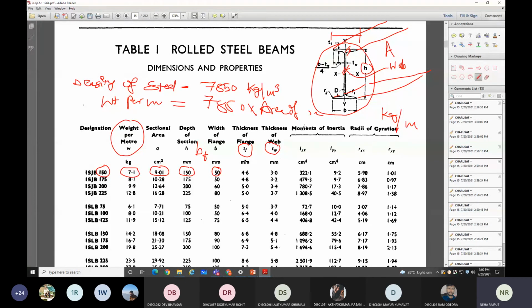ठीक है। Now here you can see moment of inertia. Now this you have studied in strength of material, how to find moment of inertia Ixx, Iyy for the I section. You have been given height, thickness, width, you can easily find Ixx and Iyy. तो ये यहाँ पे directly दिया हुआ है, right?